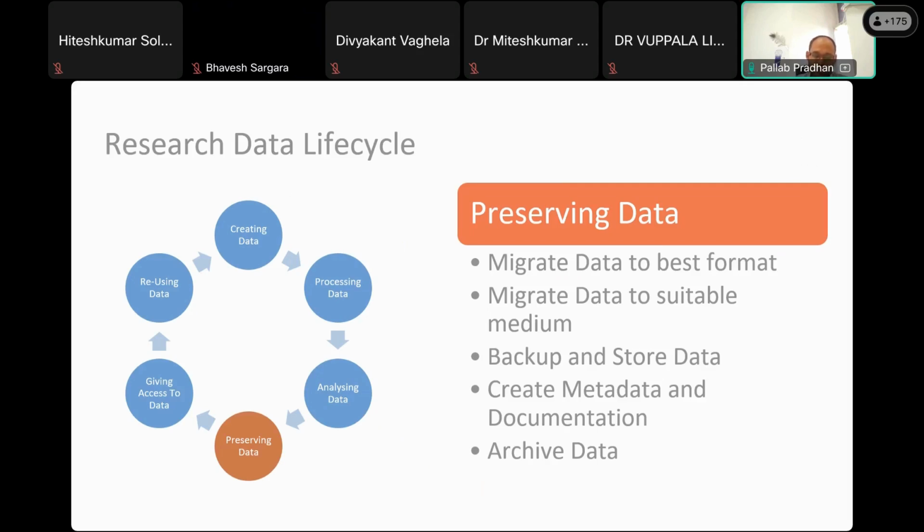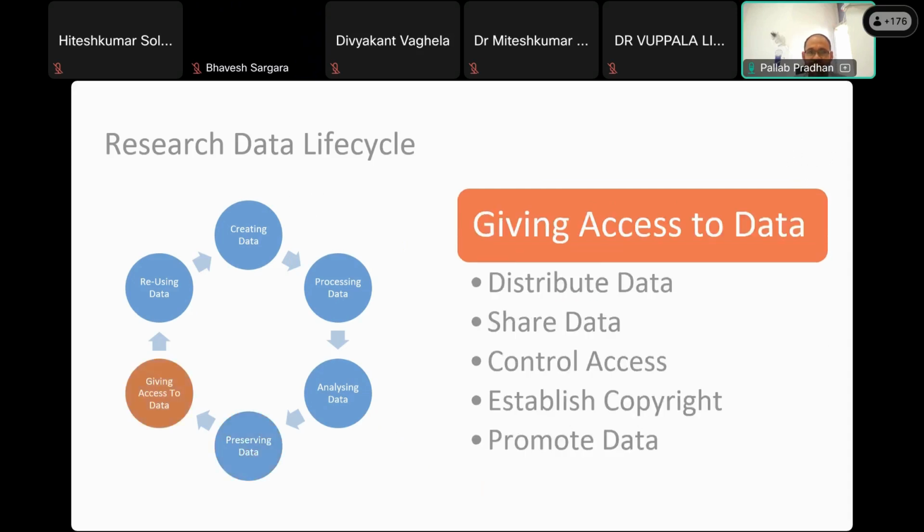So while selecting the format, you have to describe the data and store it so that it is interoperable, beneficial for the next generation. And then you need to archive it in that proper format.